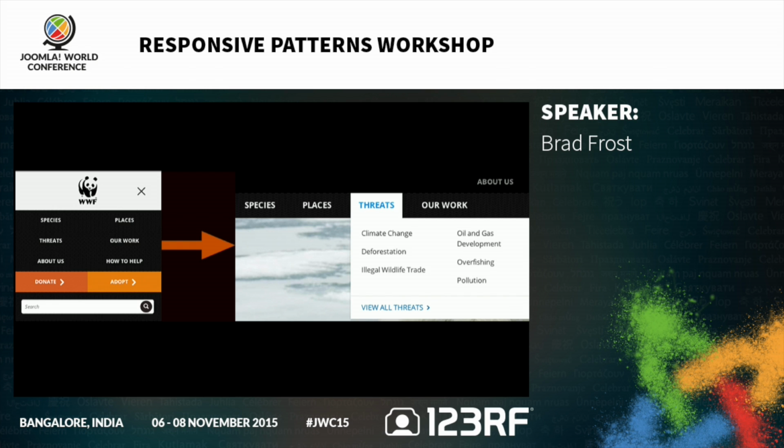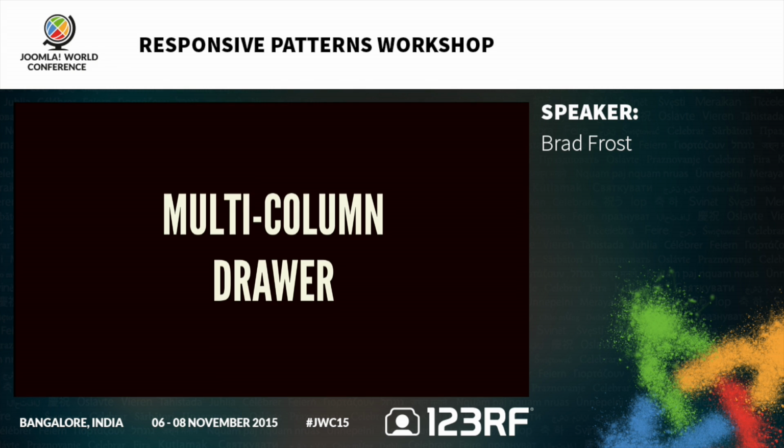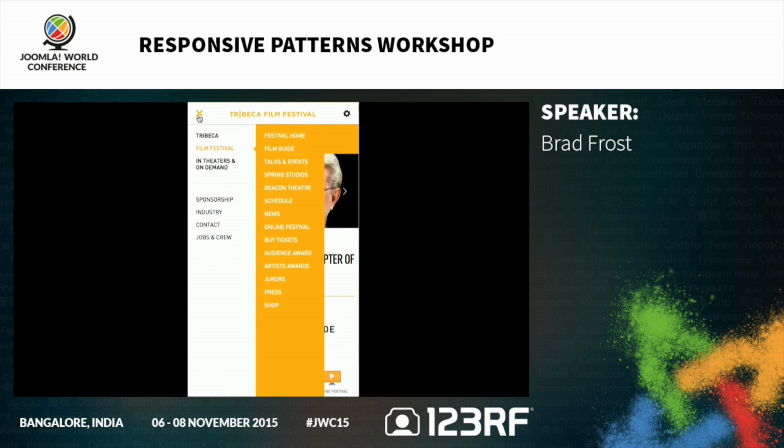So when users get to the threats landing page, they can click through all those links, climate change, deforestation, things like that. This isn't the most efficient pattern for mobile users, because whenever they click threats, they have to wait for a whole other page to load, and then keep browsing. So it's not necessarily the best user experience, but at the same time, it does save some space.